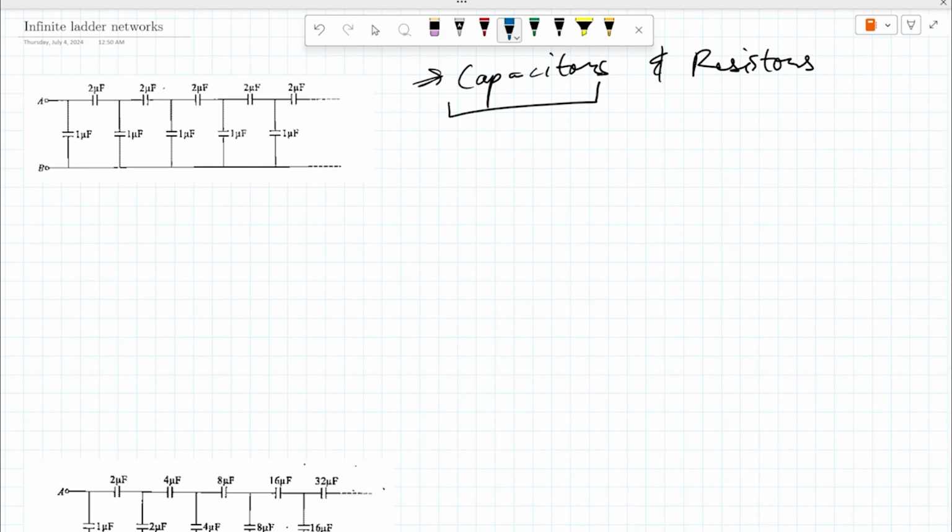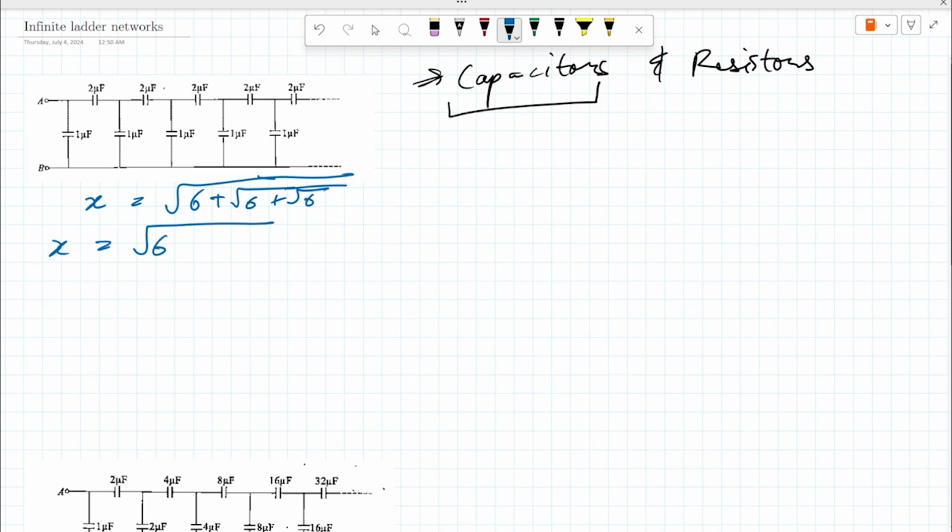So let's get started. So essentially, in case of infinite ladder networks, what we do is we treat them as infinite expansions for a variable. So for example, if we take x equals root 6 plus root 6 plus root 6, so it is getting squared again and again. In this scenario, we are usually taught to approach it in this way.